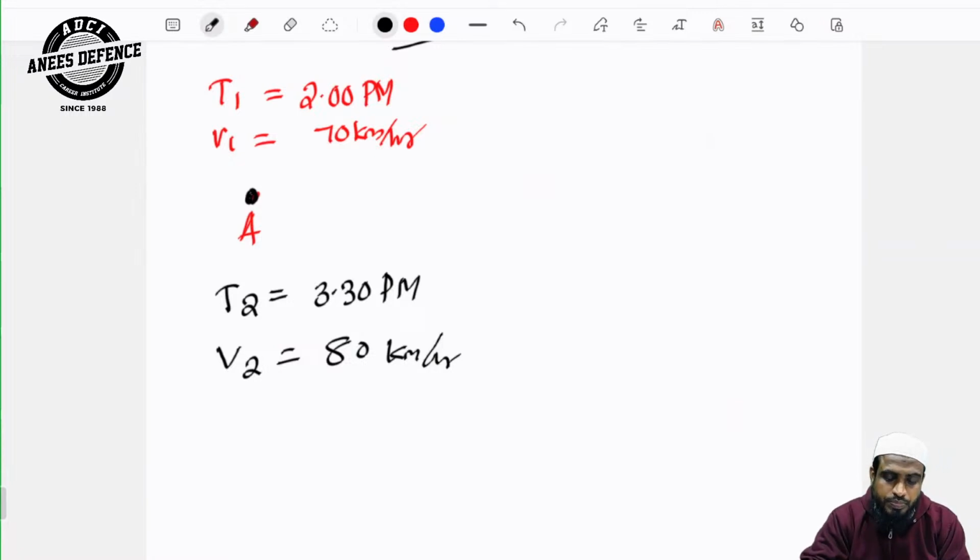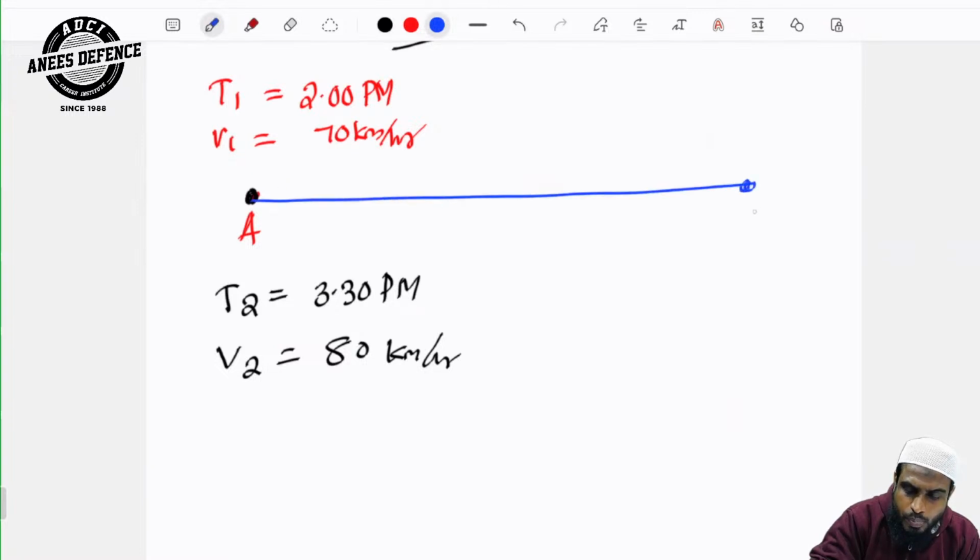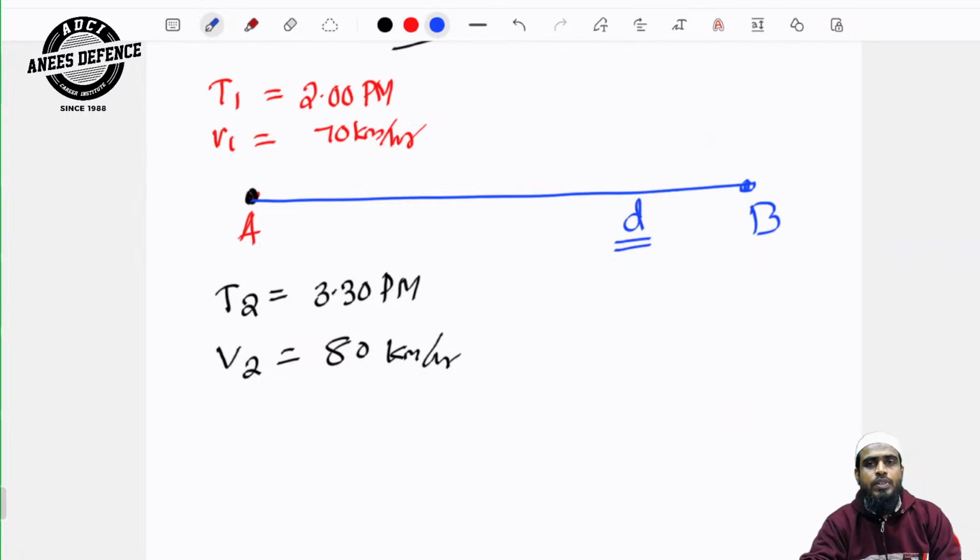For example, if both are meeting at a point B, the distance traveled by both is the same, then only they can meet together.